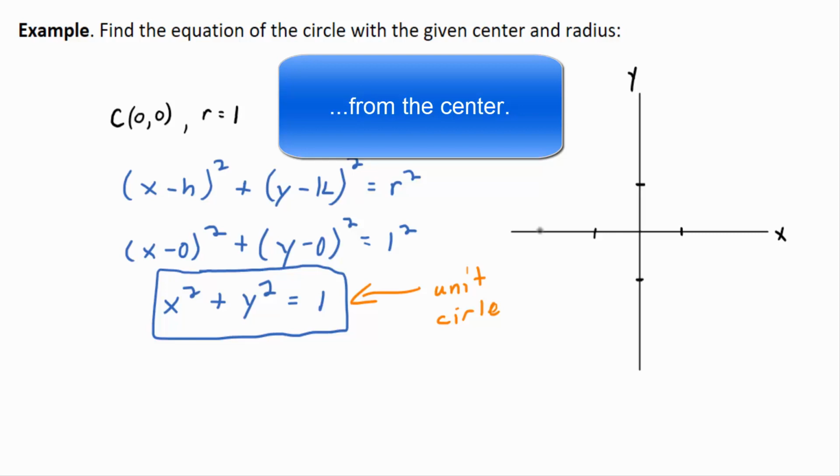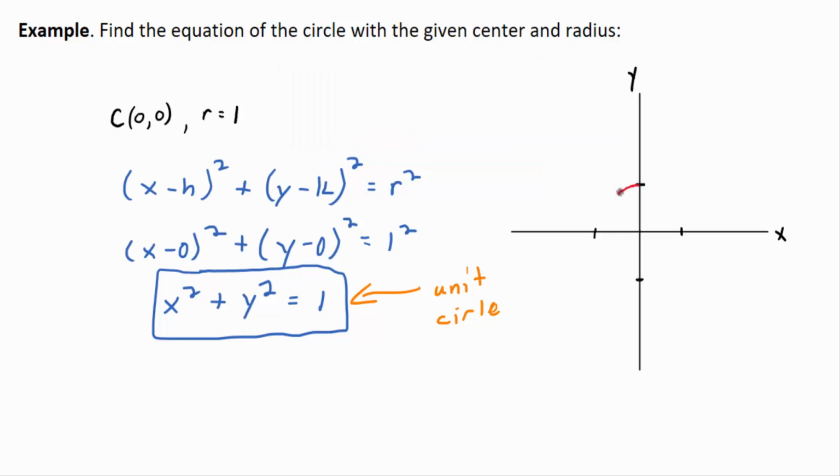And if you're just doing it by hand, it's not going to look perfect. It's hard to draw a perfect circle by hand. But you draw it something like that. So you plot the center, go out the distance of the radius in 4 directions, left, right, up, down, and then you have your graph.